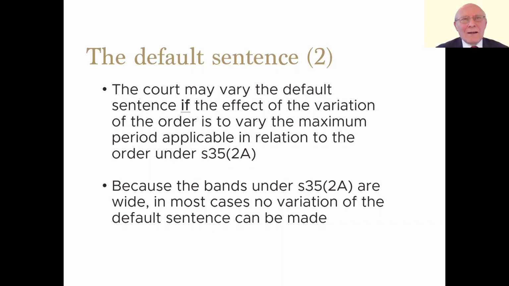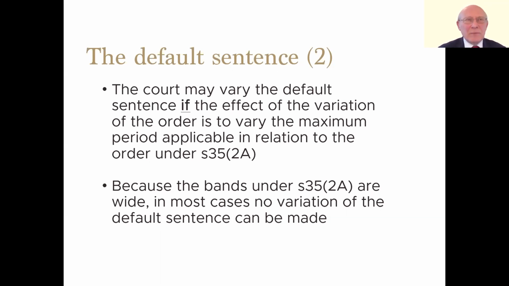So we might well have somebody who has, say, a confiscation order made against him initially with a benefit of £20,000, and then he's found, let's say, to own another property that the prosecution were not aware of, and all of a sudden his recoverable amount has become £450,000. Well, the default sentence that was set when his benefit was £20,000, when his amount required to be paid was £20,000, is likely to be quite low.